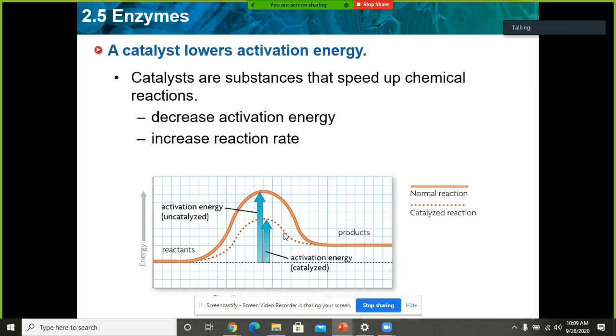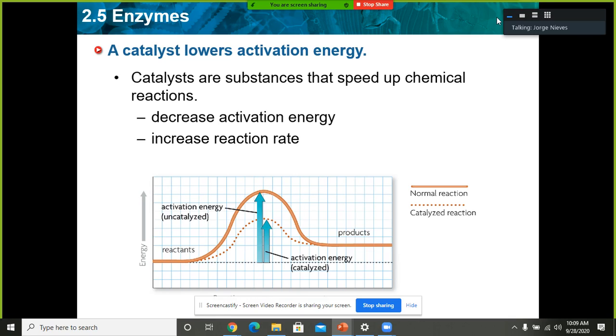Okay, so in the first line we've got a normal reaction, and in the second line, ¿verdad?, con esos puntitos, we've got a catalyzed reaction that needed less energy to start the chemical reaction.